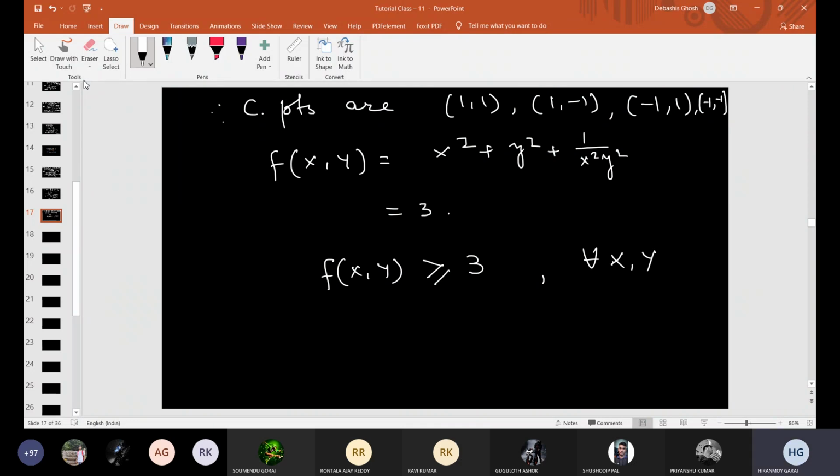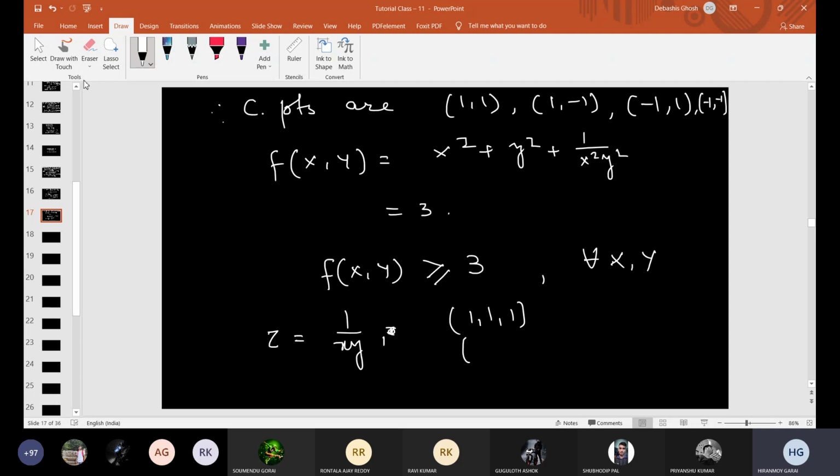So we can consider that the minimum value of f of xy comes to be 3, and since this is the minimum value, with the help of these points we can find out the value of z also. So what are the points then? z is equal to 1 by xy. If you consider 1, 1, then we have the point 1, 1 and 1.